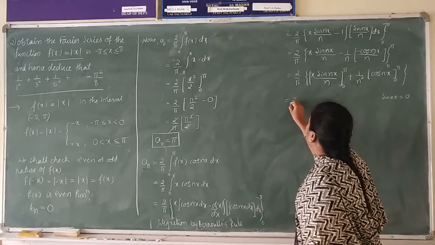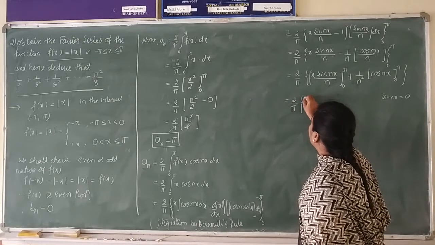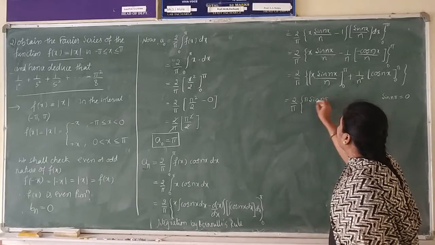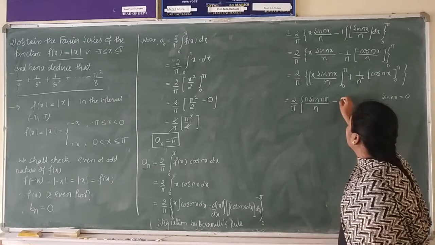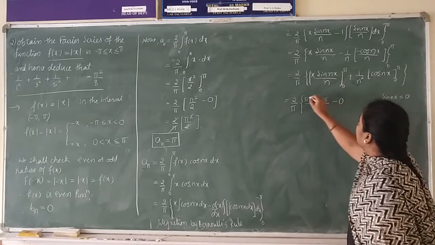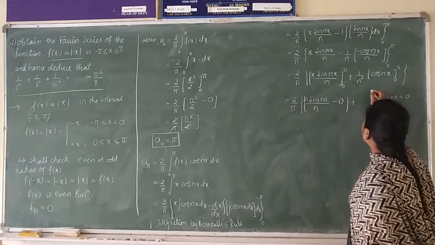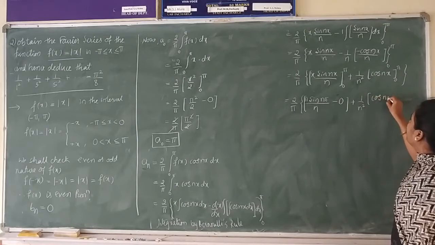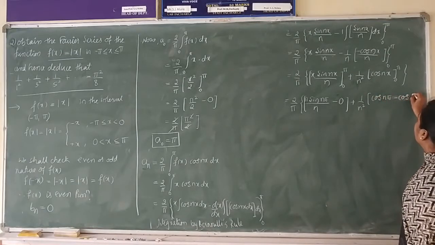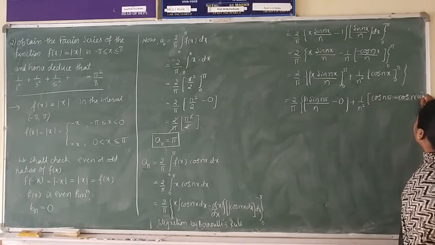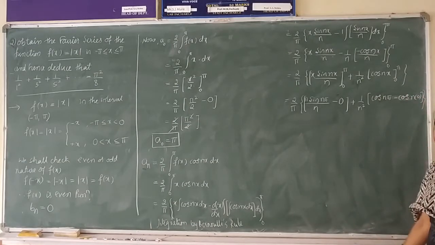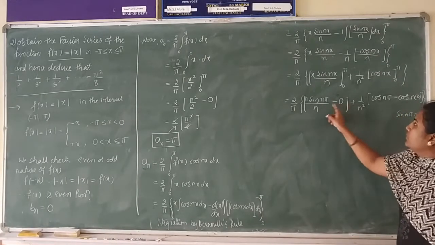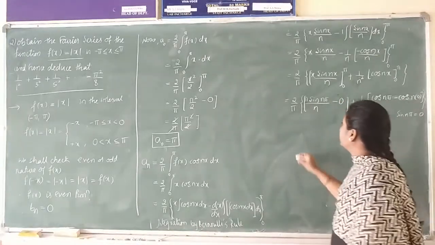That is 2 by pi, pi into, substituting the limits here, so pi into sin n pi upon n minus x equals to 0 means the total term becomes 0, plus 1 by n square into bracket cos of n pi minus cos of n into 0, or we can write 0 directly. Since sin n pi is 0, therefore this term becomes 0.